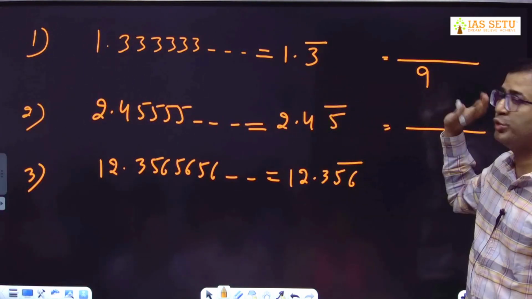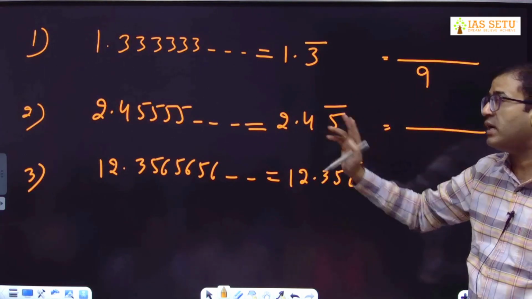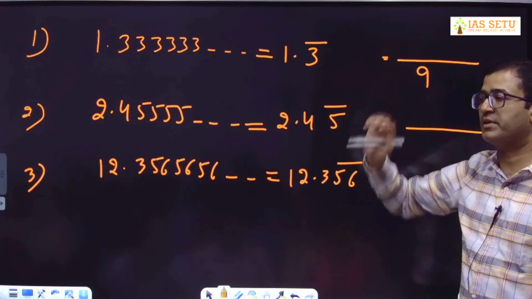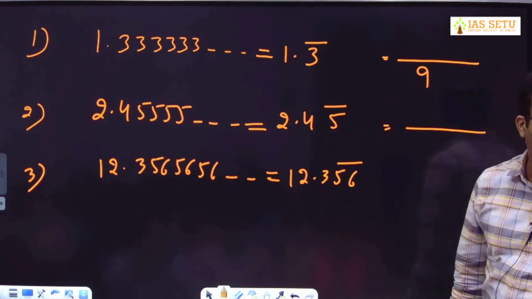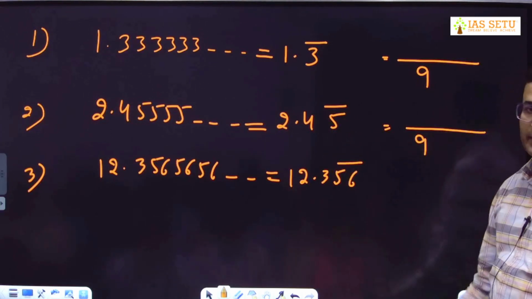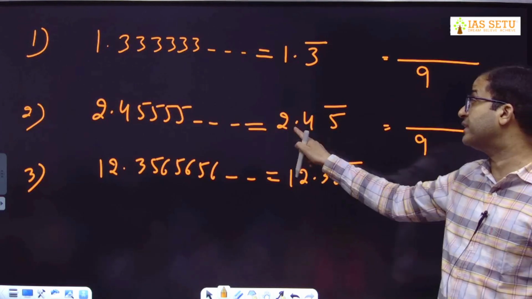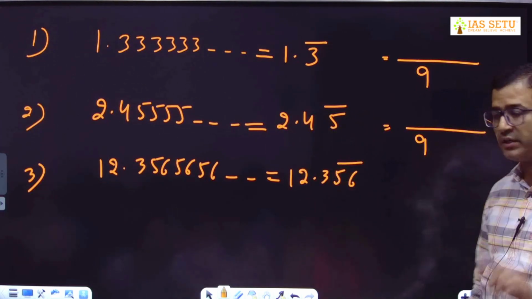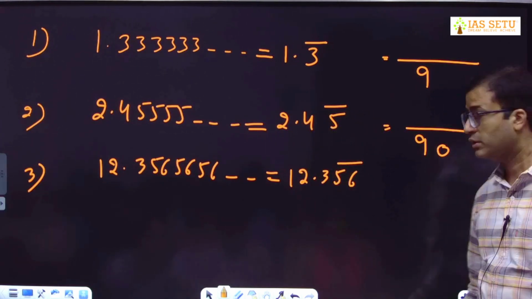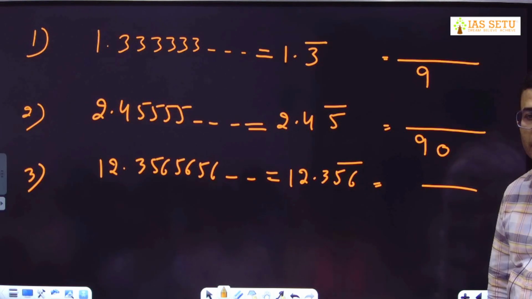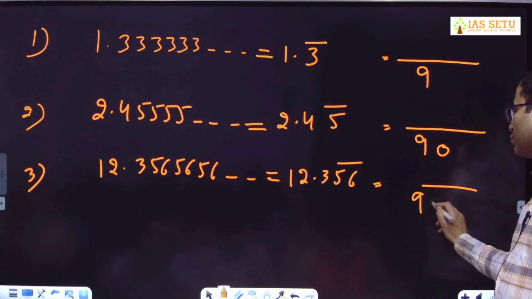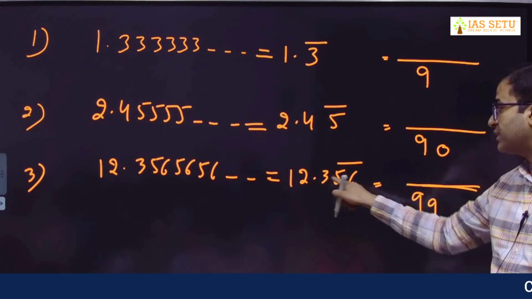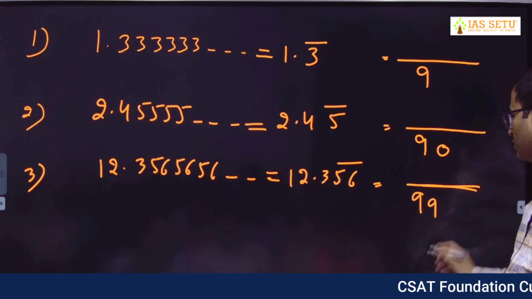No, so don't put 0. 0 तभी आएगा when you have a digit between decimal and recurring part. In this question, like here we have 1 digit under the bar, so we put 1 nine. Tell me how many digits between decimal and recurring part? 1, so we put 1 zero. Here third question, how many digits under the bar? 2, so 2 nines. How many digits between decimal and recurring part? 1, so 1 zero.